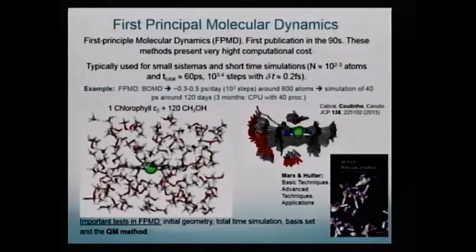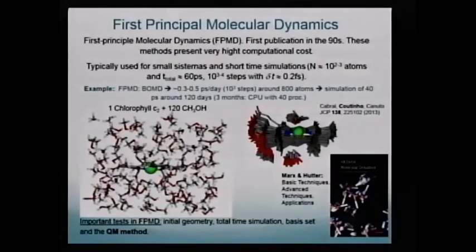If anyone wants to study more about ab initio molecular dynamics, I suggest this book here. It has many details on how to solve it and how to generate the approximations. But typically, this kind of dynamics is very expensive.